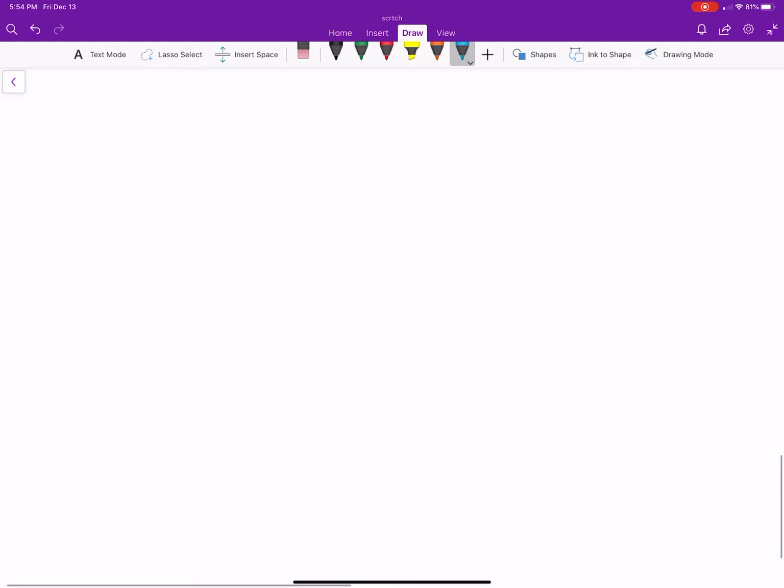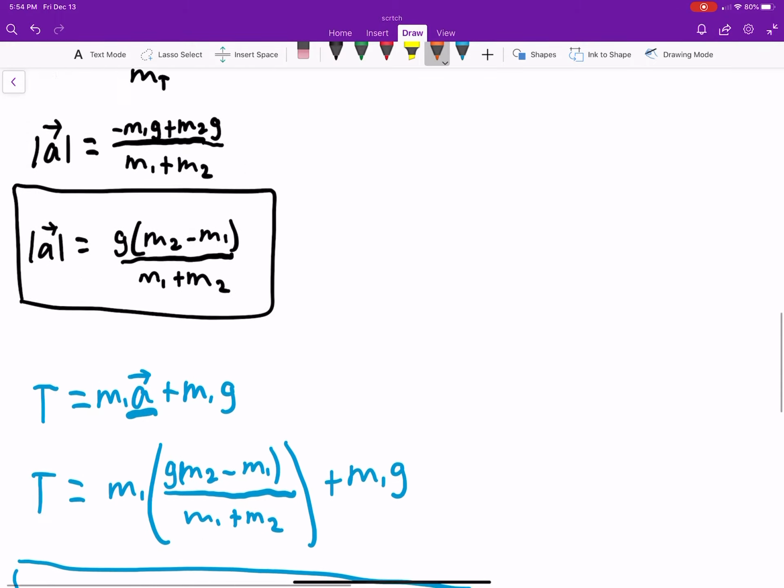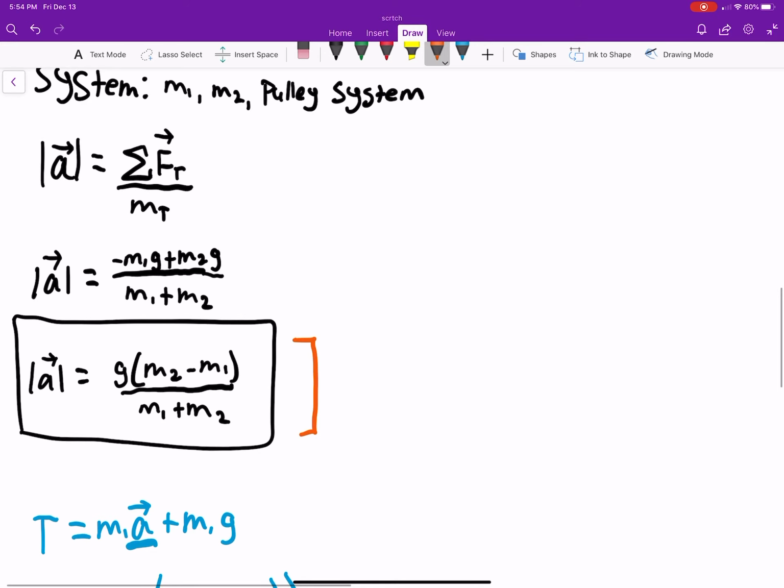The next thing it wanted to know was the velocity. Well, let's do a different color. We've done this one, but it's fine. The velocity after 10 meters. Well, notice that your acceleration is constant. If we look up here, g and your masses, those are all constants in this case.